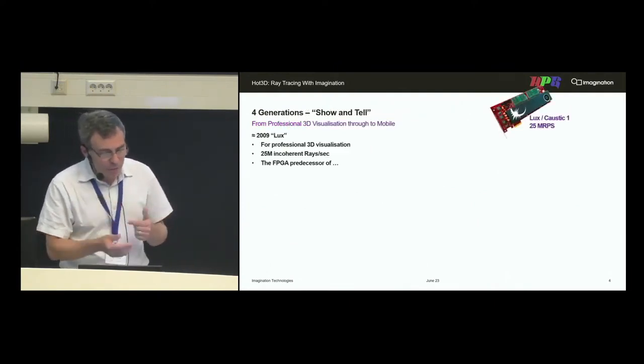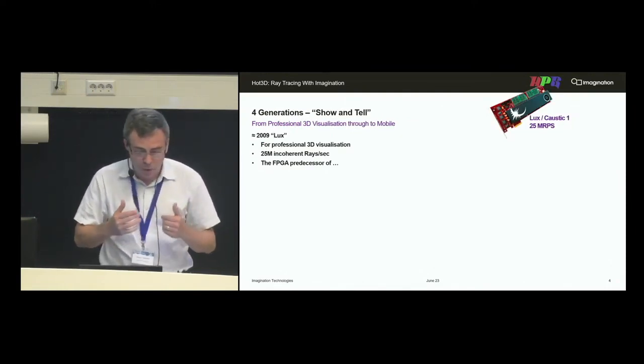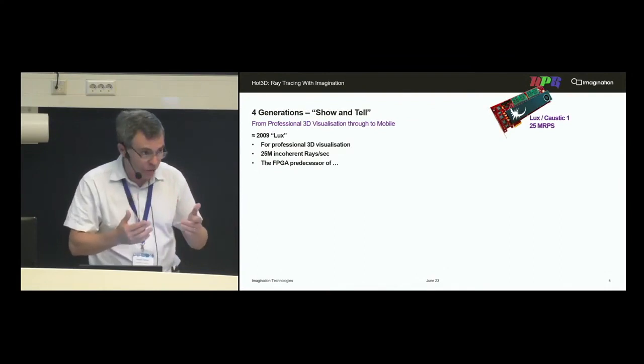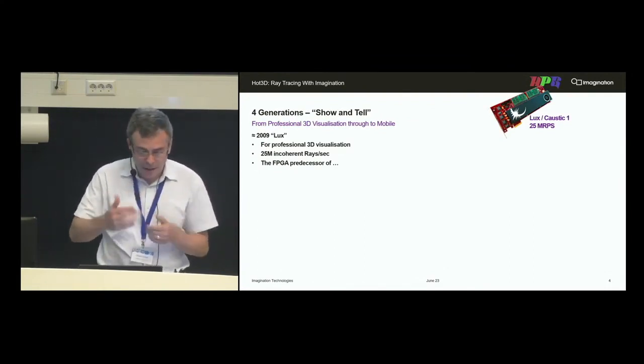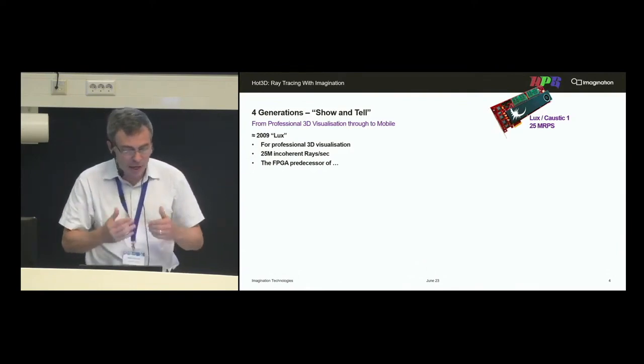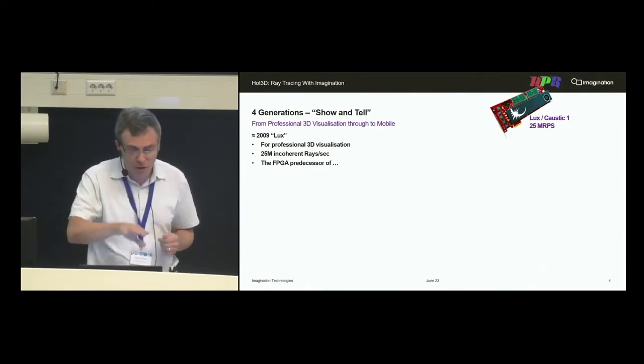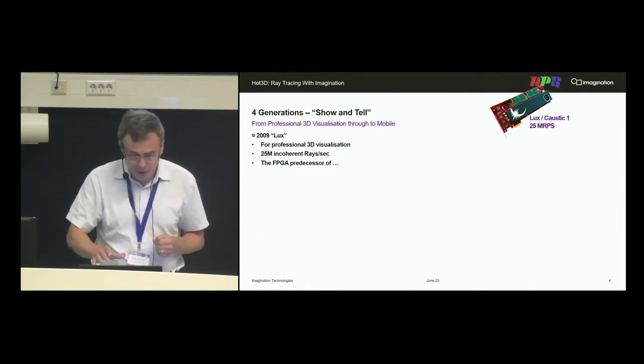In 2009, Caustic released Lux, which was an accelerator board for 3D visualization of ray tracing for the professional market. And that handled about 25 million incoherent rays per second. And I'll get onto incoherent if you're not familiar with that.